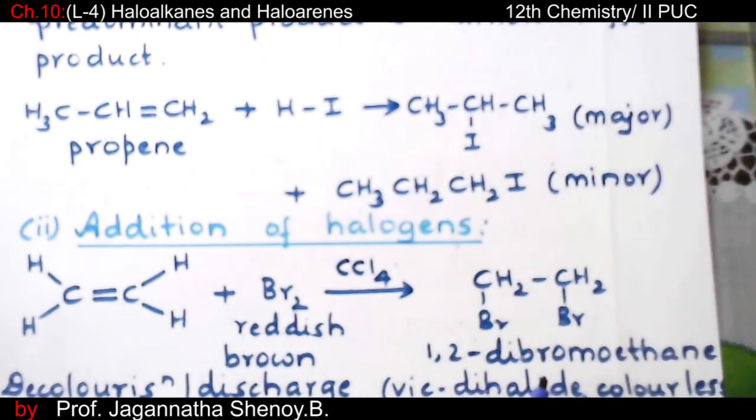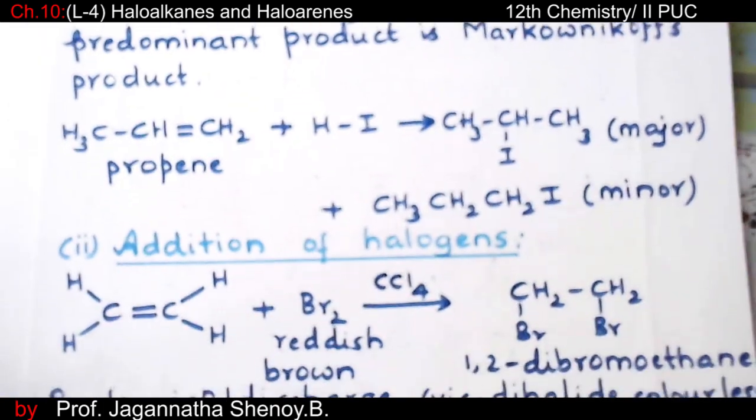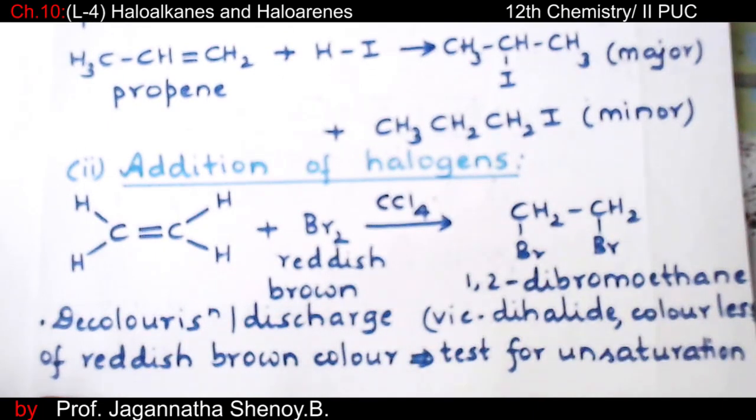It is because bromine gets added across C double bond C. What we get here is 1,2-dibromoethane, and it's a vicinal dihalide. All of you are clear about it. And this vicinal dihalide is colorless. And it's for this purpose, this reaction is actually used as a test for unsaturation. You have already studied this in class 11th.